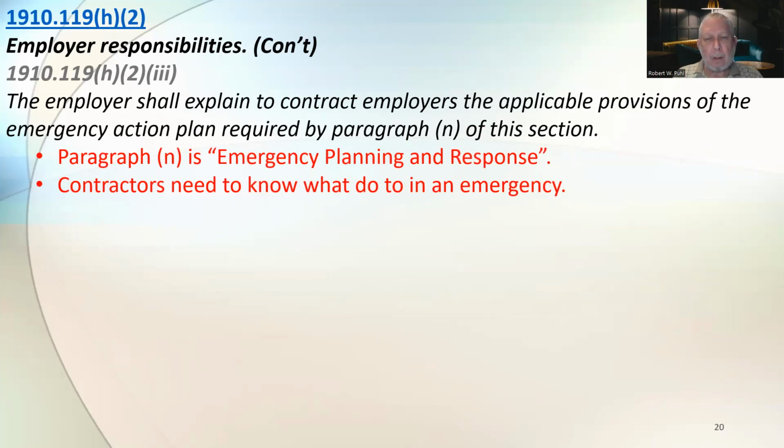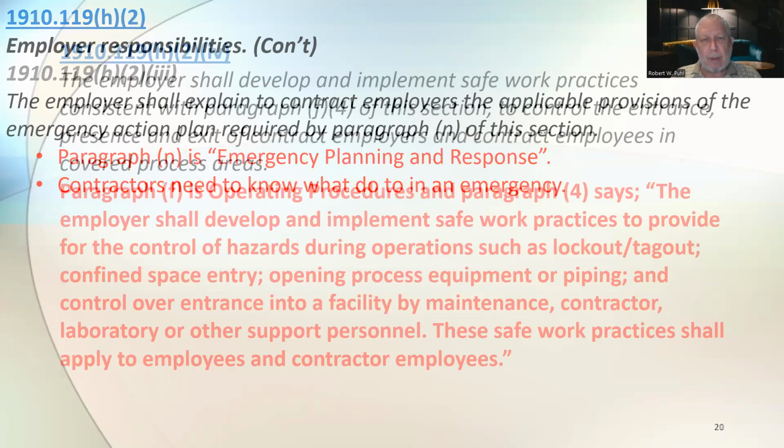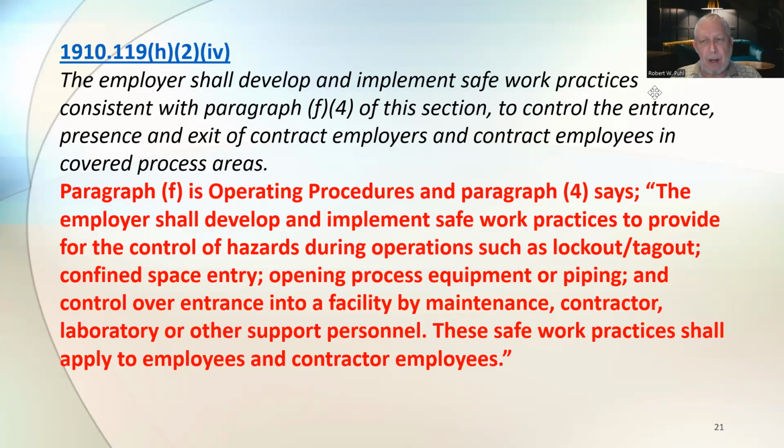The employer shall develop and implement safe work practices consistent with paragraph F4, which I told you would come up again, to control the entrance, presence, and exit of contract employers and contract employees in covered process areas. Paragraph F is operating procedures, and F4 says the employer shall develop and implement safe work practices for lockout and everything, all those other things.